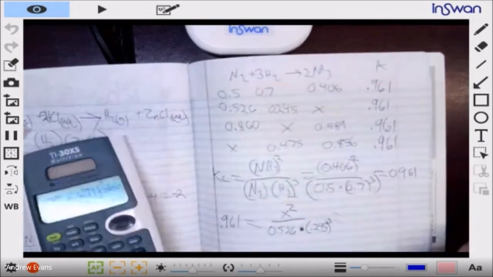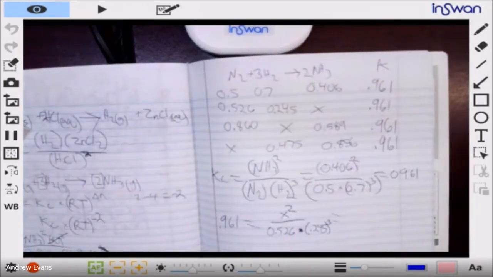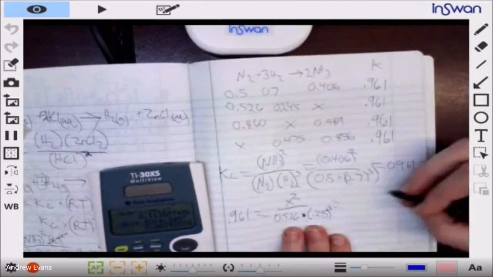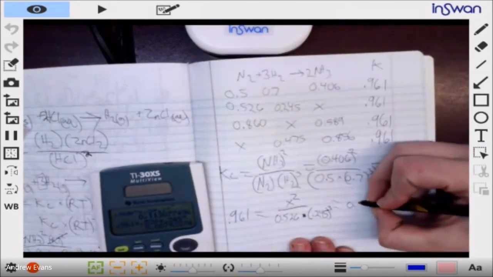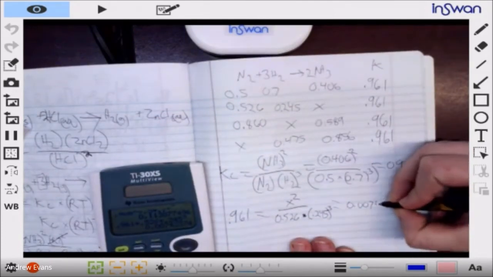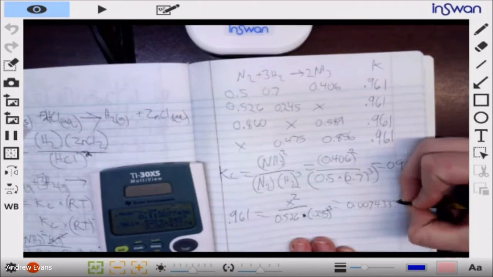The first thing we do is isolate the variable: 0.961 times 0.526 times 0.245 to the third power. That gives us 0.0074337 equals x squared.